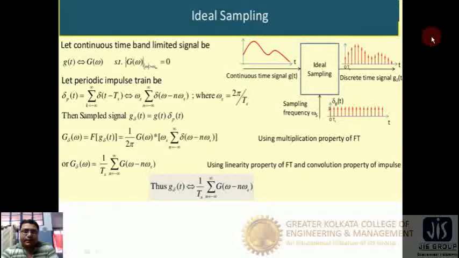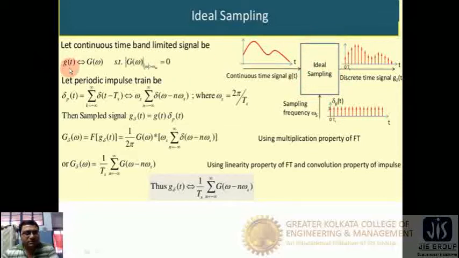Now we take an ideal sampling and its mathematical representation. In this representation, g(t) is the continuous time signal, the input signal. This is the input signal we provide to the sampler. The sampler is the system where the sampling takes place.